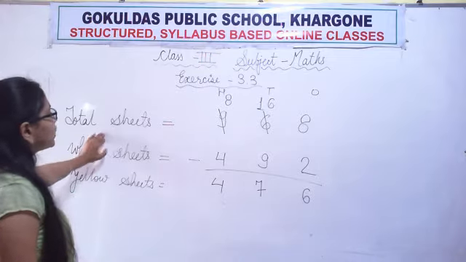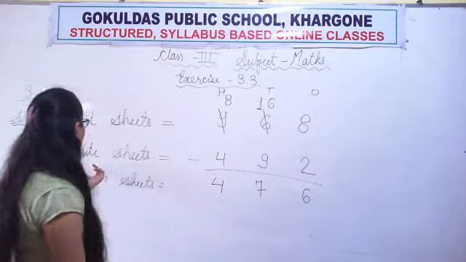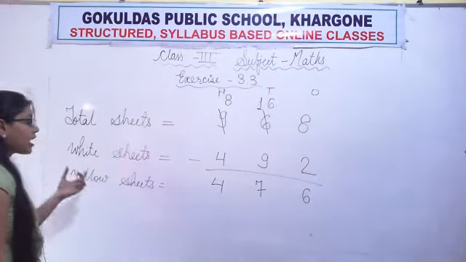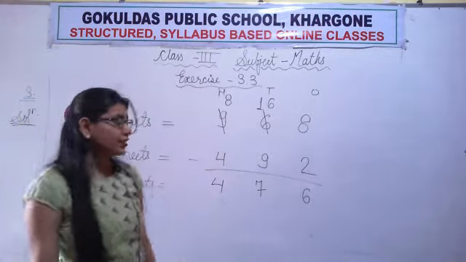So initially total 968 sheets were there. Out of them 492 are white. So how many yellow sheets are there? 476 are yellow sheets.